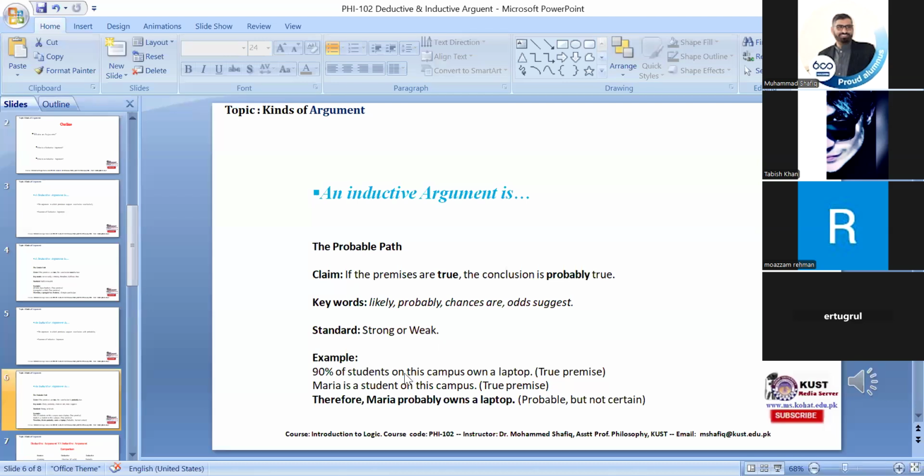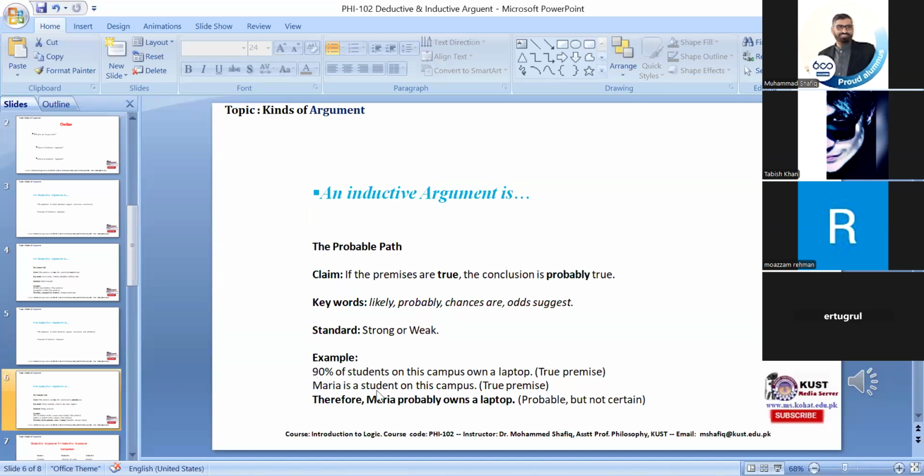Another feature: the deductive argument normally looks into whether thought agrees with thought or not. While in an inductive argument, we basically see whether thought agrees with the real world or not. If it agrees with the real world, it is true.